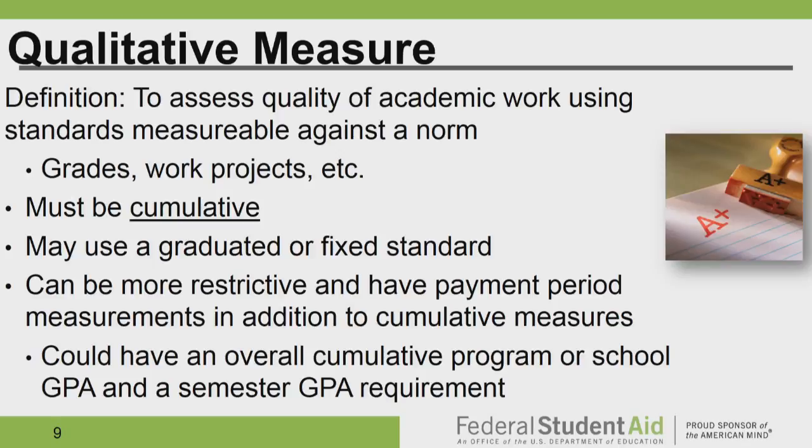That is your option. We talked about the idea of graduated versus fixed standard. Some schools will say that they like to give first-year students a break and perhaps give them a little more leeway when they're coming in, get adjusted to school, so they give them a standard of, say, 65% that they need to meet, or maybe even 60% toward their pace of progression. It may be that then later they build that up and they say by the second year, if they start at 60, they might say, well, then we'll go to 65% for a maximum time frame calculation.